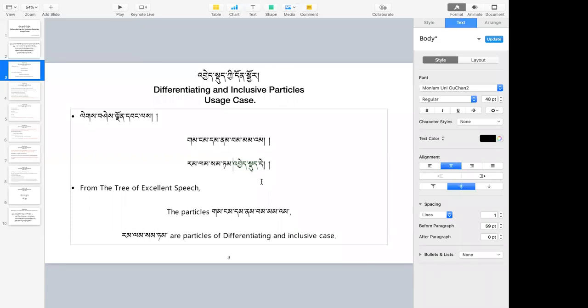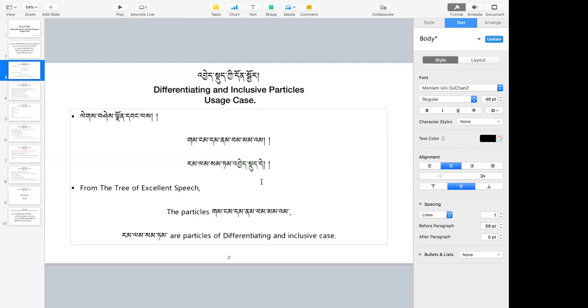So we understand that these 11 are the particles of chepa, differentiating case, dupa, inclusive case. And just by the statement of these two words, chedu, we understand that it is talking about the usage case. So the differentiating and inclusive particles are used in the case of differentiating and the case of inclusive.